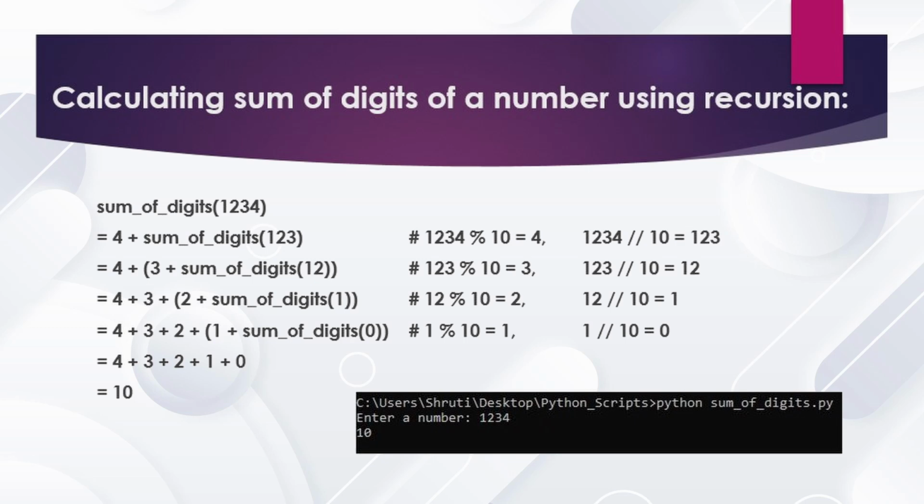This goes on till the number becomes 0. Once the number becomes 0, the recursion stops and the sum is calculated as the calls unwind. Here we can see that when we add all of these values, we get the final summation value, which is 10.